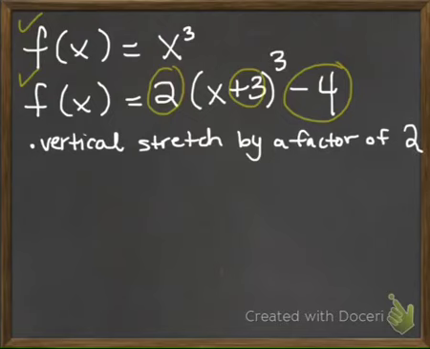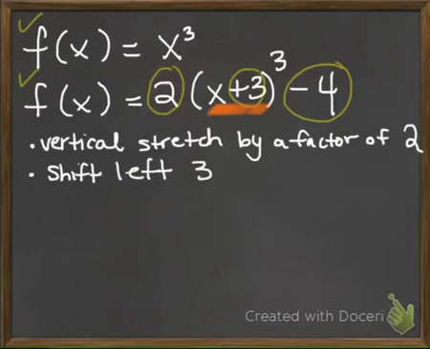All right. The next one is inside with the x. So because it's inside and it's being added, we know it's going to be a horizontal shift left 3 units.